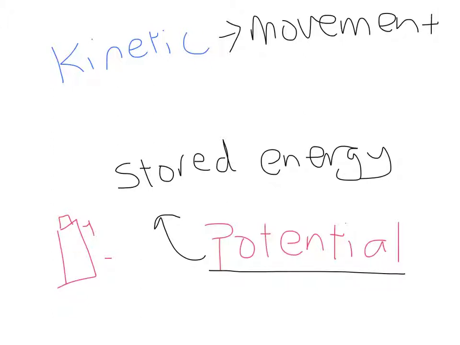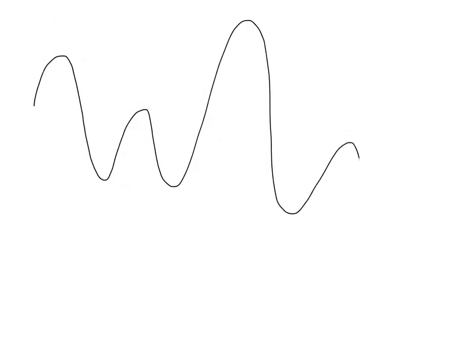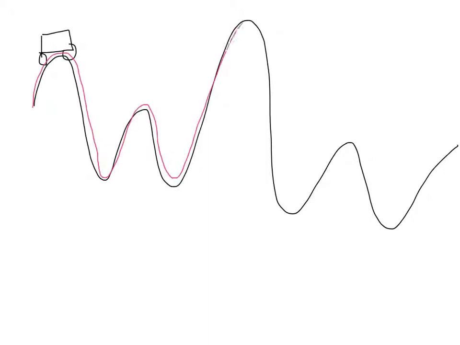The most common way of talking about this is, for example, if you were on a roller coaster. Let's say this is my roller coaster, and there'll be a little person in a cart, and the roller coaster will be moving down, up, down, up, down, up, down, up.